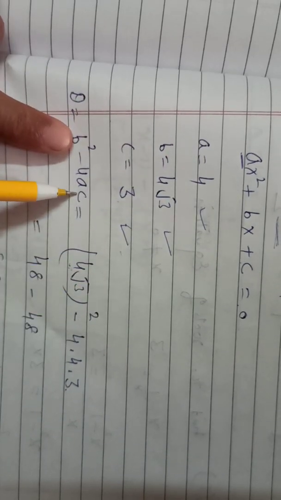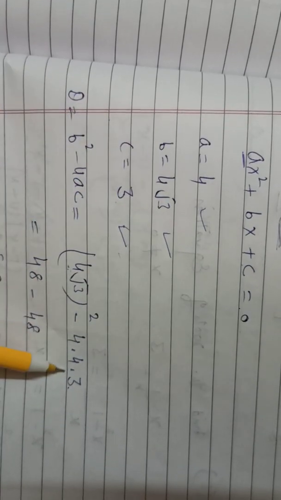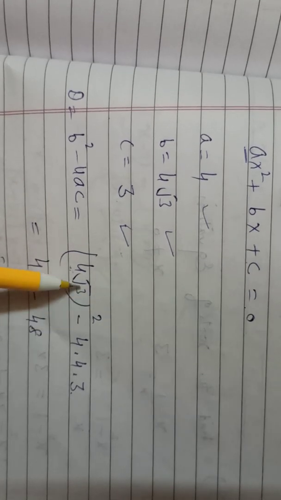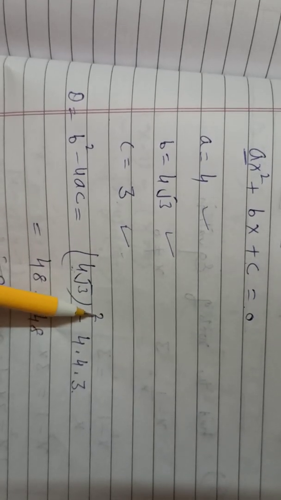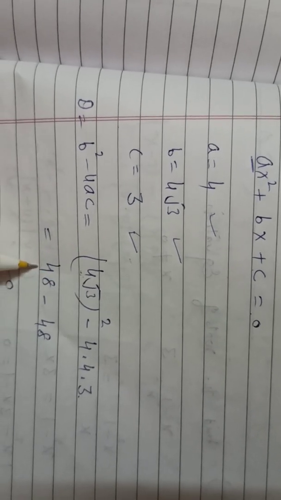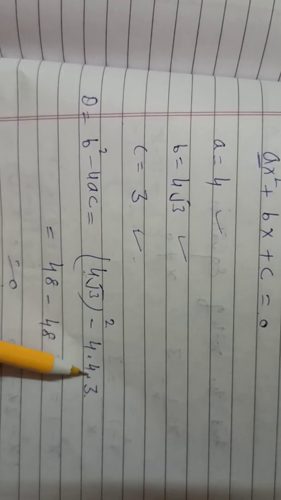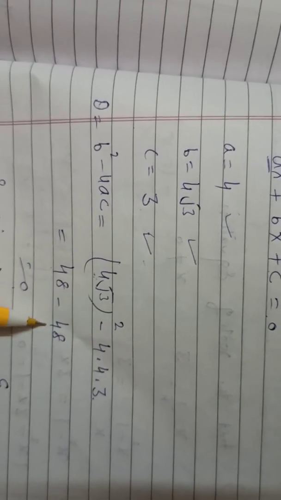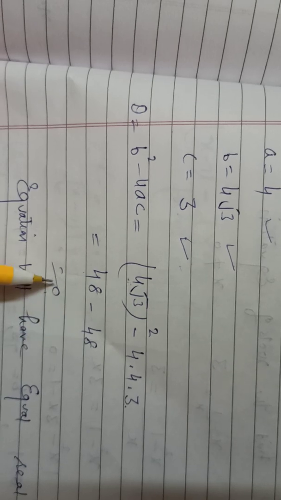In place of c you will put 3. Now square of 4 is 16 and square of root 3 is 3. 16 times 3 is 48, minus 4 times 4 times 3, that is 48. 48 minus 48 equal to 0.